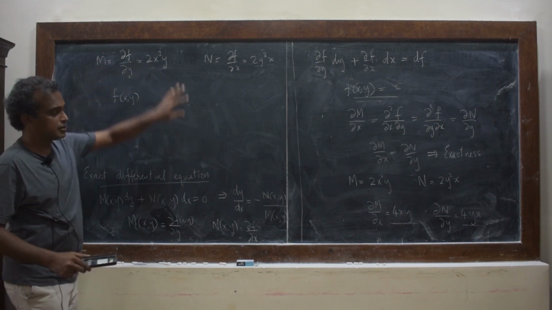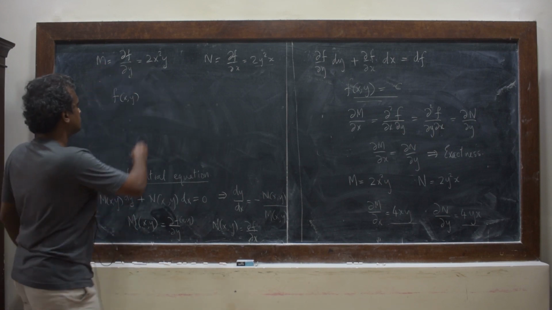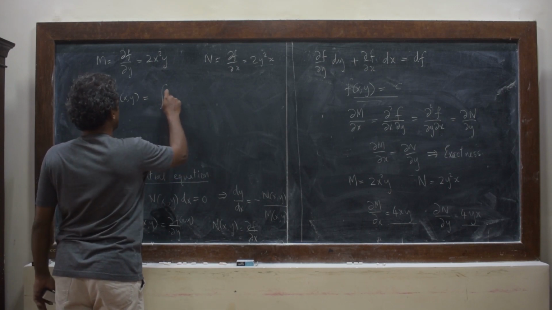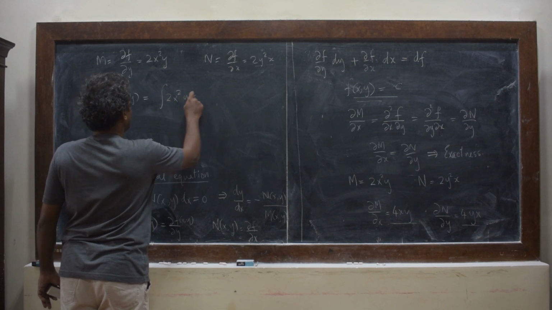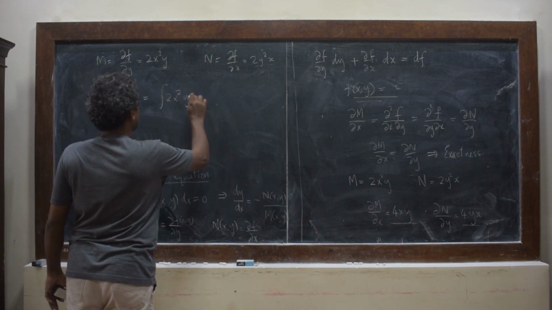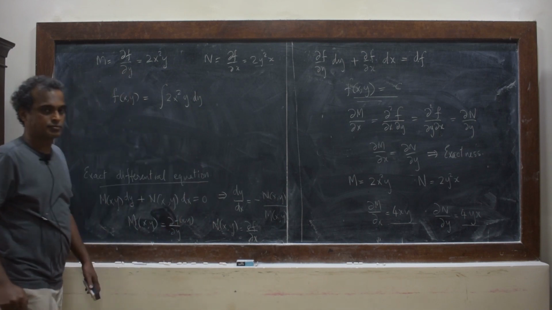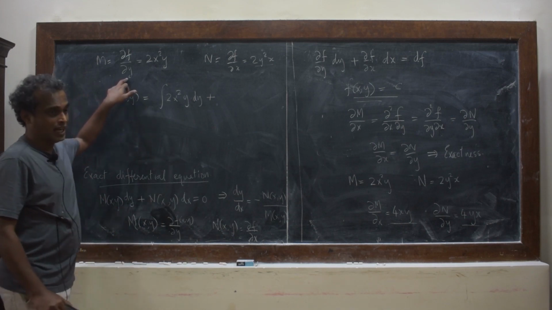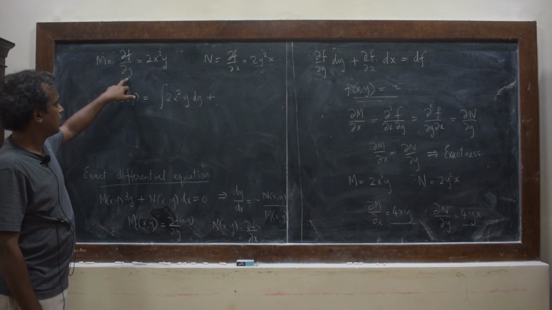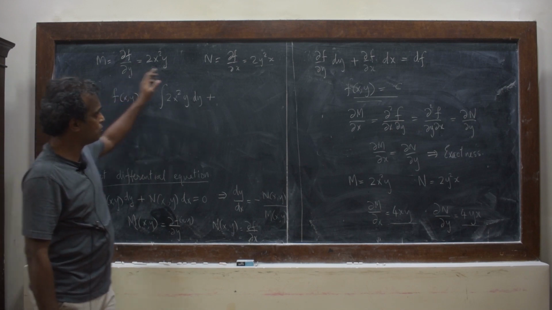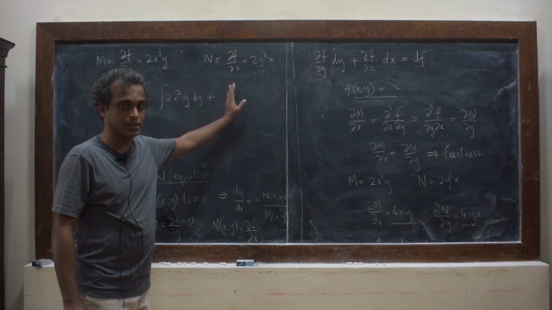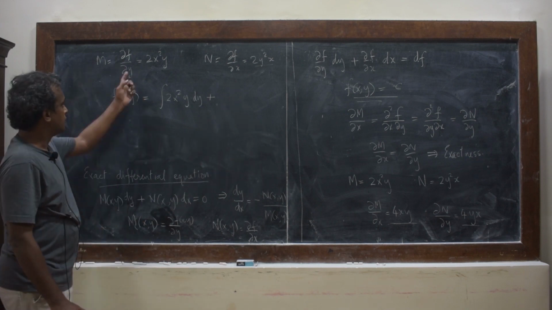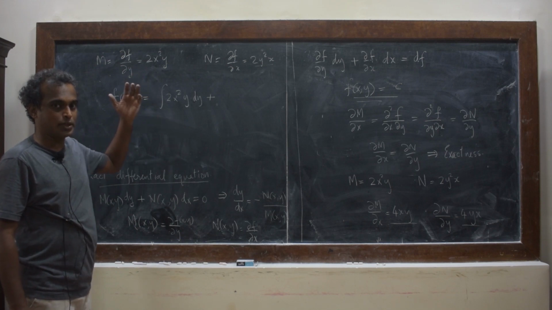If I integrate this equation over y alone by treating x as constant, we get the integral of 2x square y dy on the right hand side, plus, since I am integrating a partial differential equation, I am allowed to add in place of the constant of integration any function of x alone, because while taking partial derivative with respect to y I am going to keep x constant.